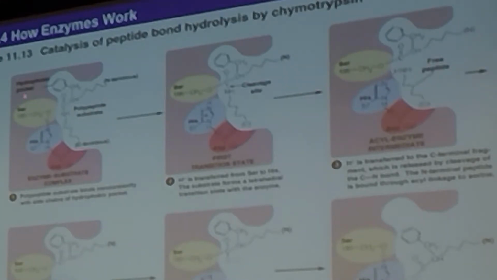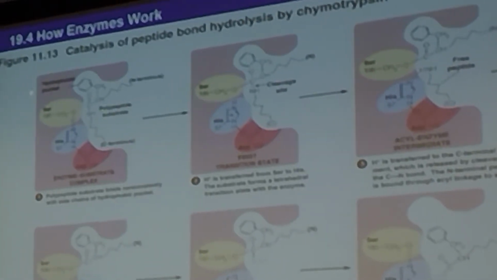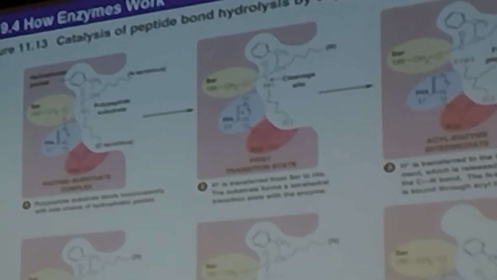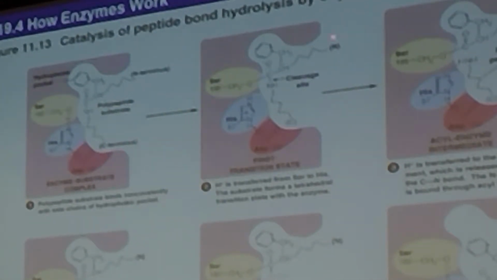So this pink part is our enzyme. And we are doing a reaction that is the hydrolysis of a peptide by the chymotrypsin. And we know that the chymotrypsin breaks the peptide bond that has aromatic, like the phenylalanine type.